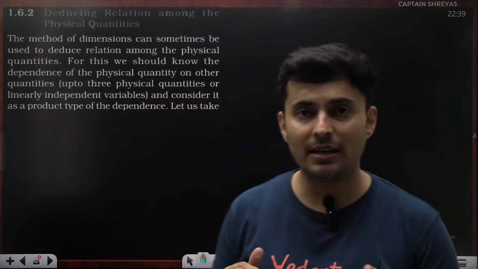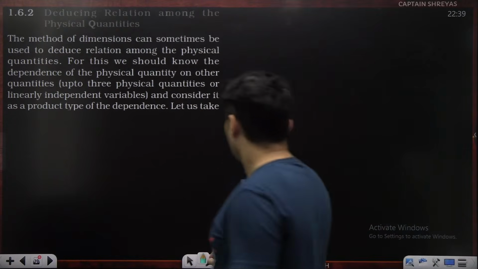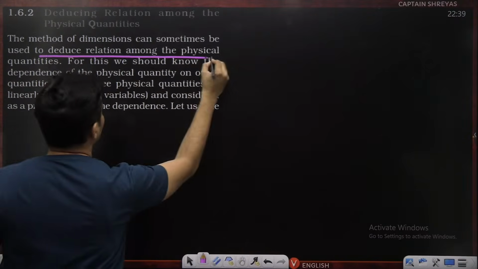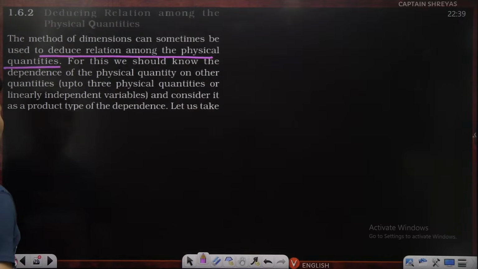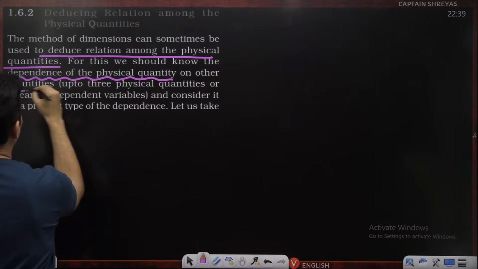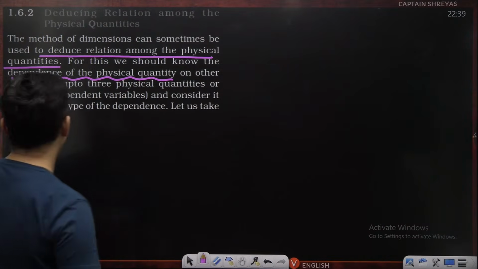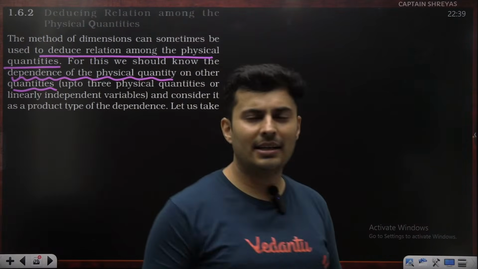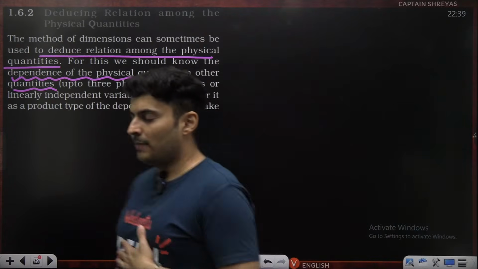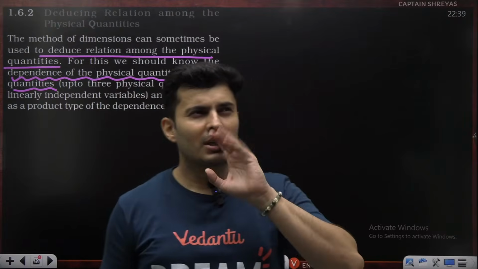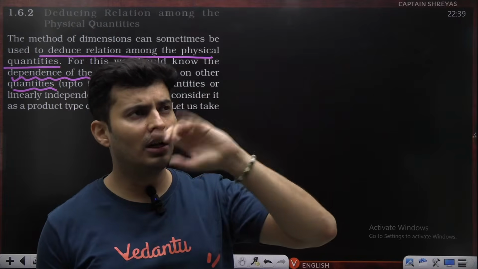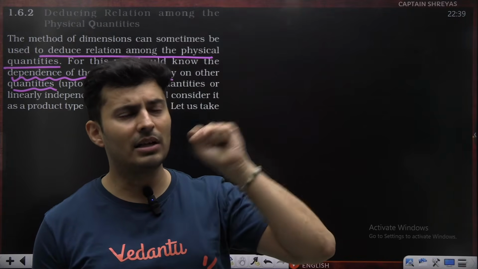Now comes the last part where we can use dimensions to deduce relations between the physical quantities. For this, we should know the dependence of that quantity on other quantities. And for studying that, they have given one example. Sometimes it happens, you feel this force depends on the speed, it depends on the radius of the ball, it also depends on the mass of the ball.